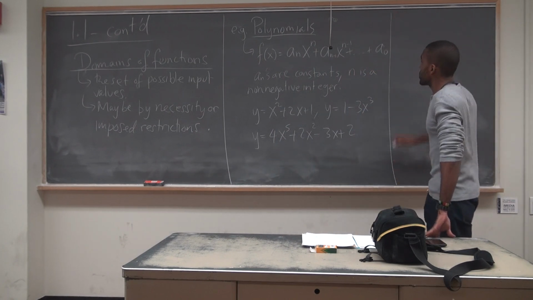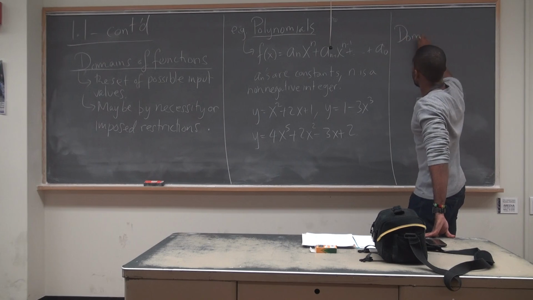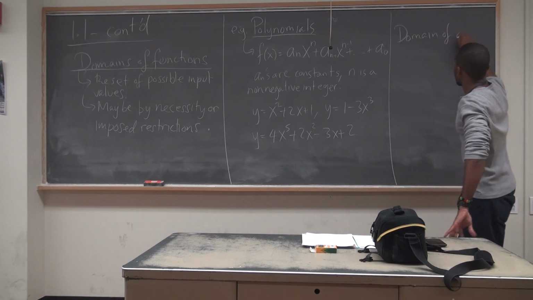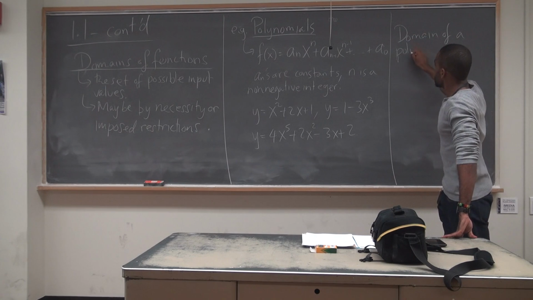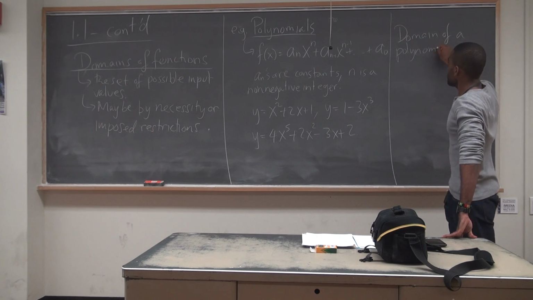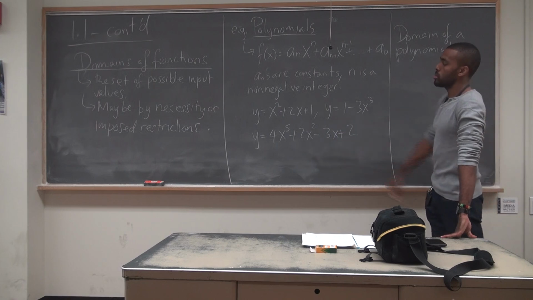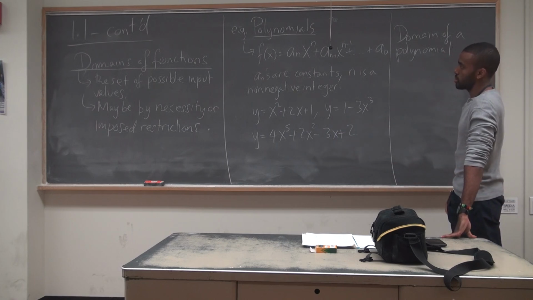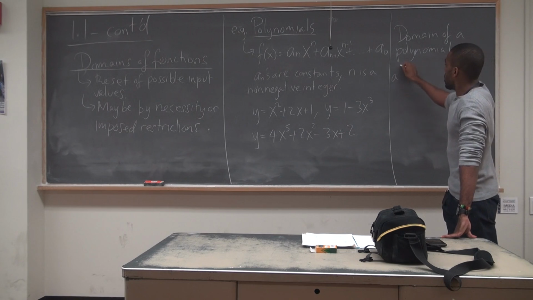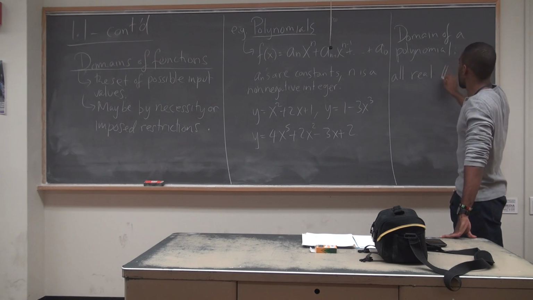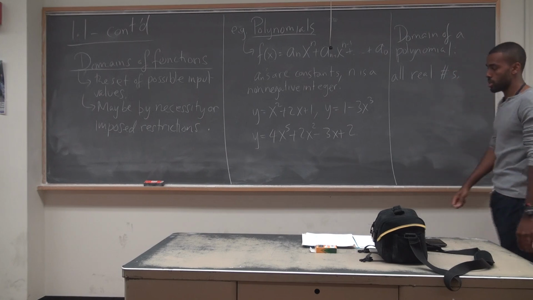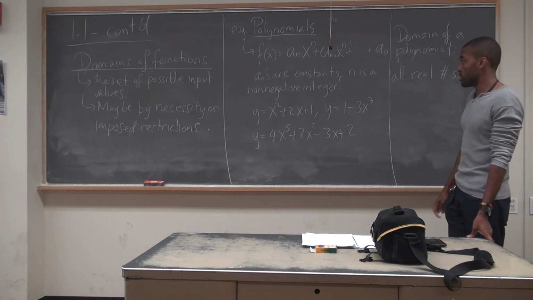Now for polynomials, the domain of a polynomial is what? What possible x values can I plug in here? All real numbers. Pretty much any x value on the number line I can plug in here, and this will give me something that works.